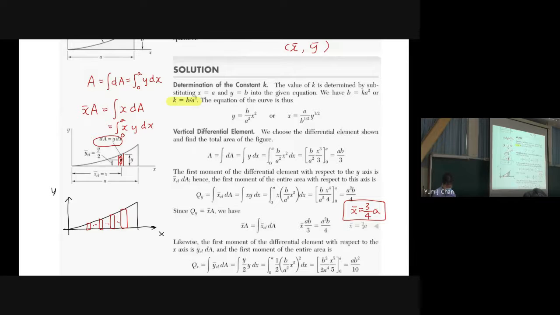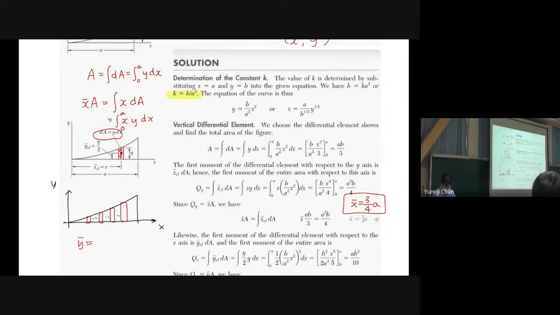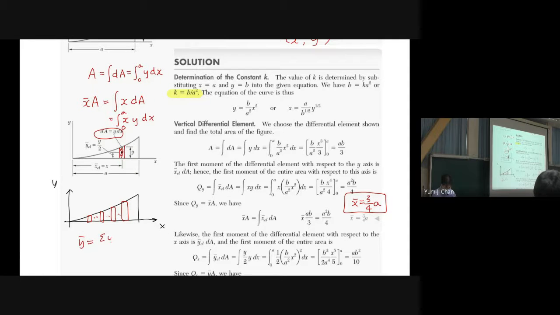We are using one equation. If we cut the shape into multiple simple shapes, y bar is equal to the sum of y bar times A, divided by the sum of A. Have you seen this before?